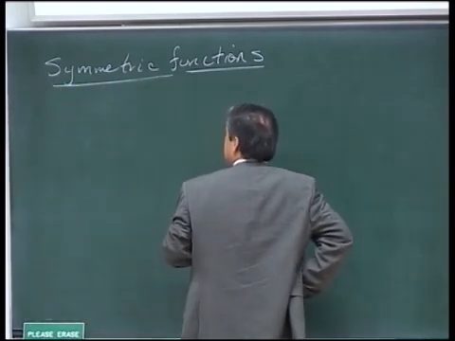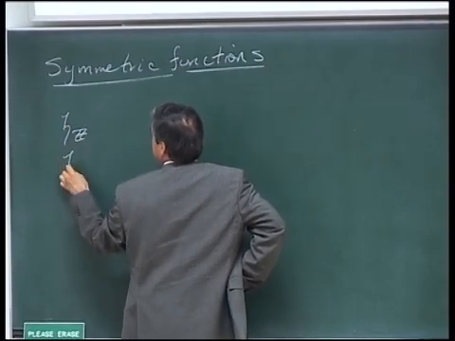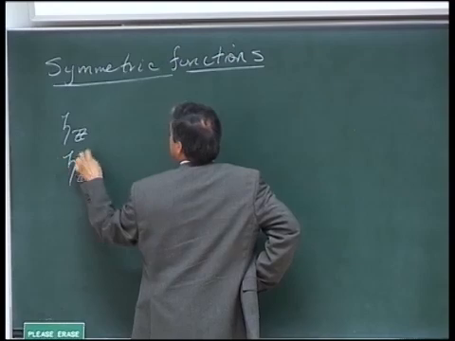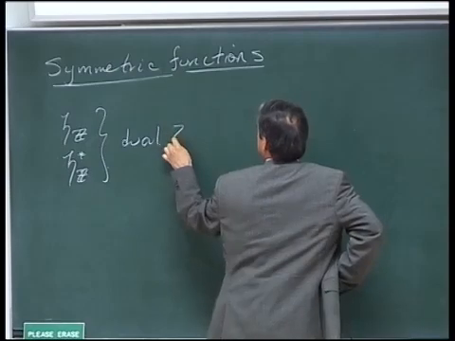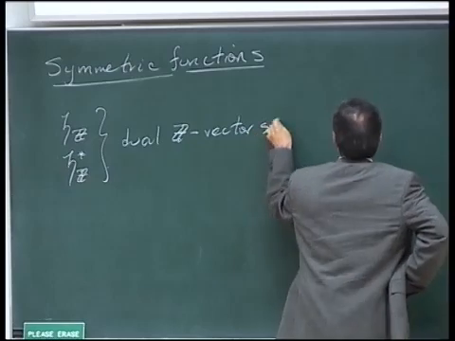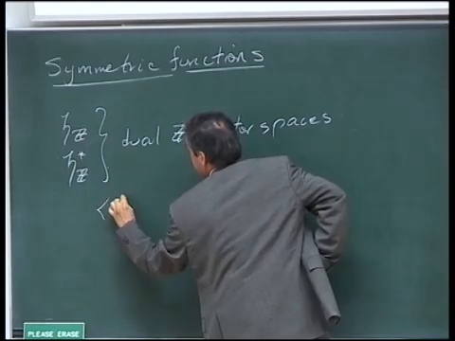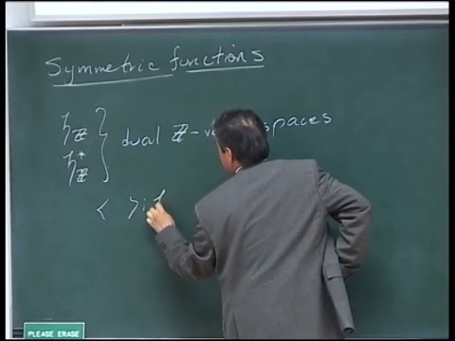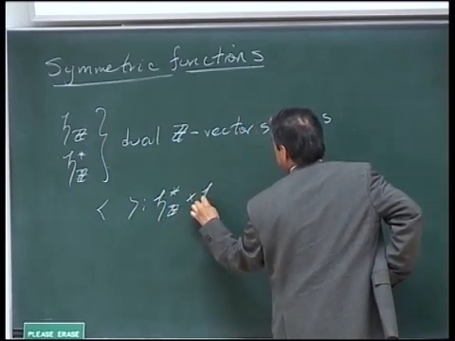And of course we begin with the setup, which by now should look a bit familiar. So dual Z vector spaces, which are paired by a form which I denote with angle brackets.